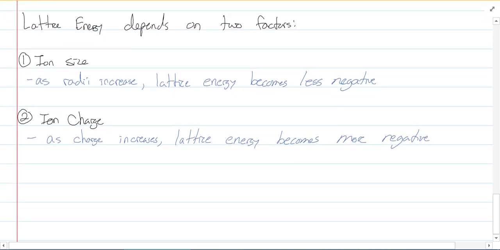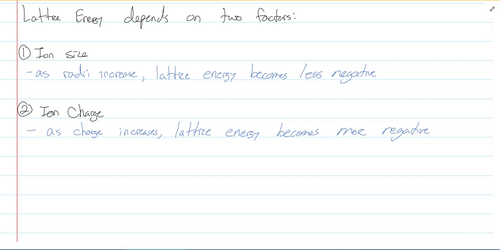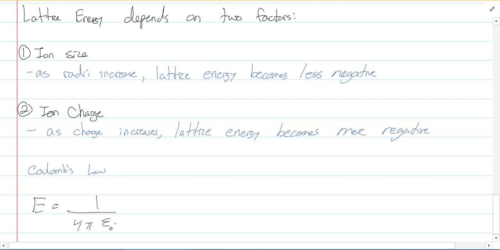And why that is has to do with Coulomb's law. So that's Coulomb's law, 1 over 4 pi epsilon sub 0 times Q1, the charge of the first atom, Q2, charge of the second one, divided by the radius.